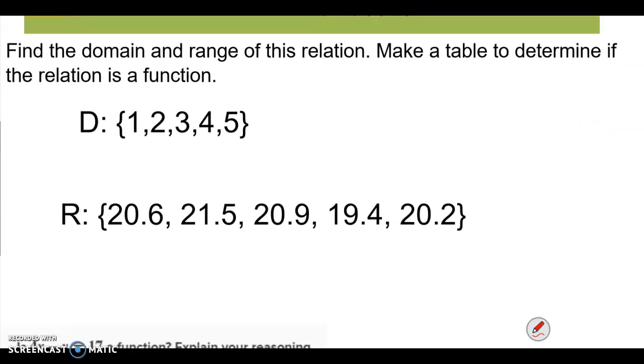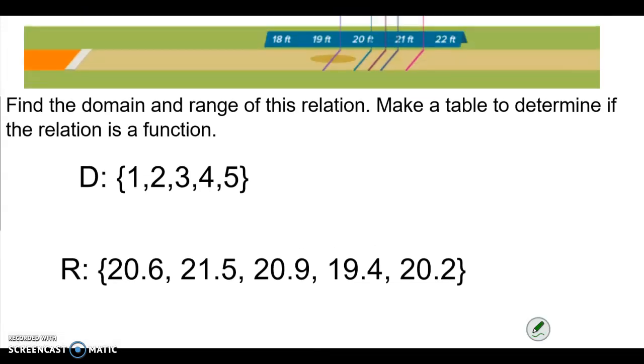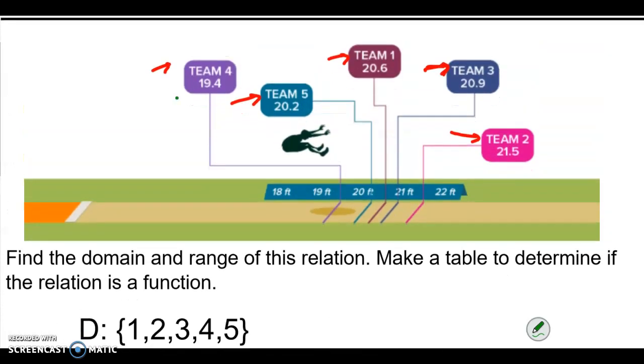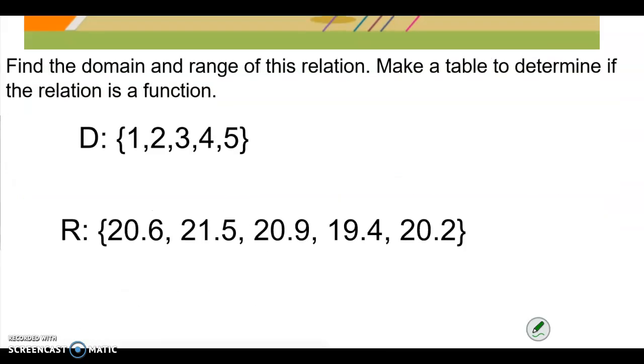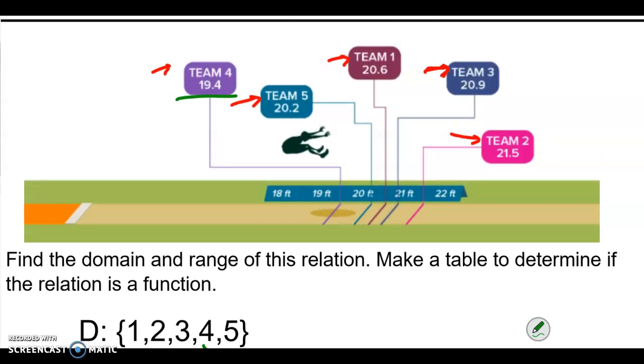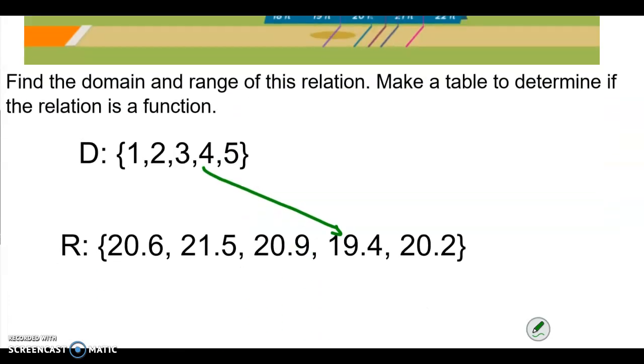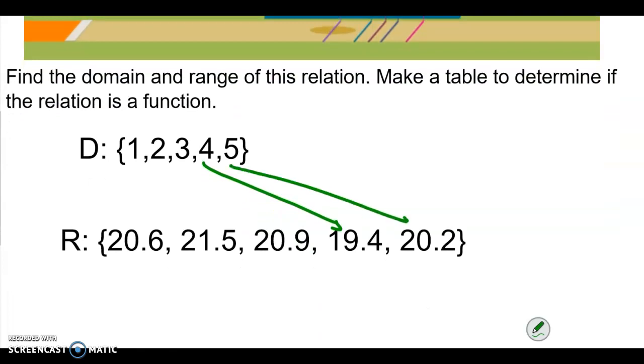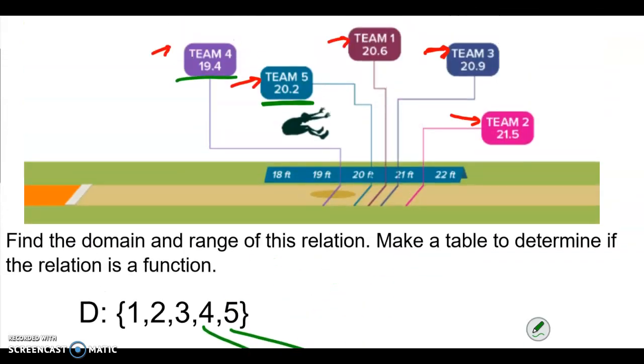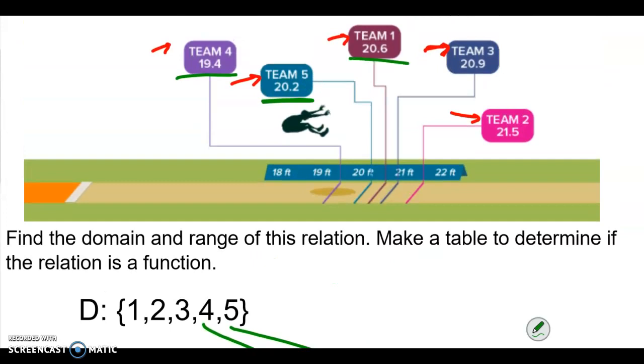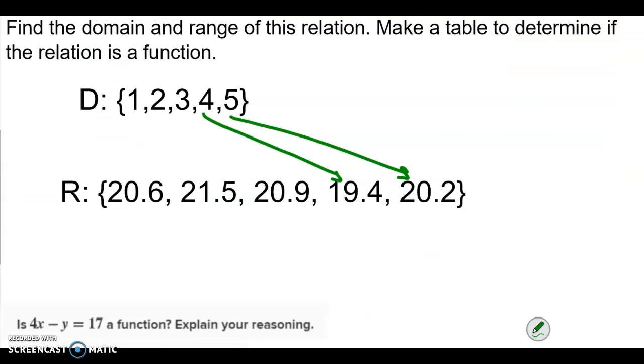Okay? So you could make a mapping diagram, or you can map it out of these two sets here real quick. Team 4 goes to 19.4. So 4 goes to 19.4. 5 goes to 20.2. Team 1 goes to 20.6.